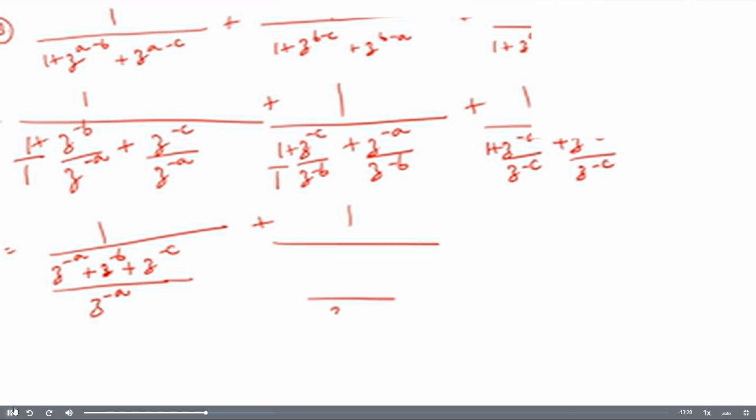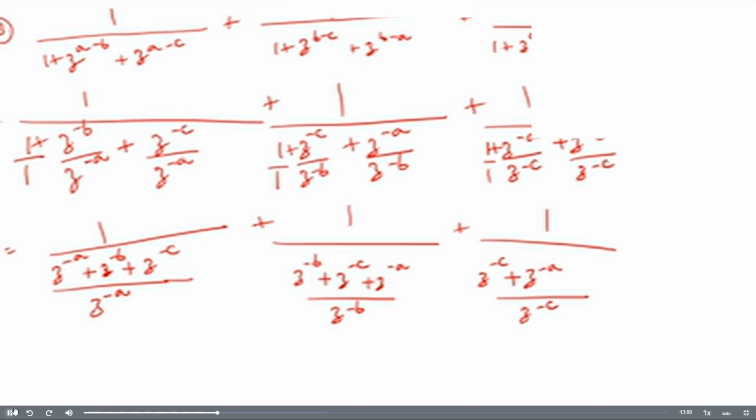Take z to the power minus b as LCM. 1 into z to the power minus b is z to the power minus b. So z to the power minus b here plus z to the power minus c plus z to the power minus a. Similarly, 1 by, this is 1 by 1, z to the power minus c, this is z to the power minus c plus z to the power minus a plus z to the power minus b.